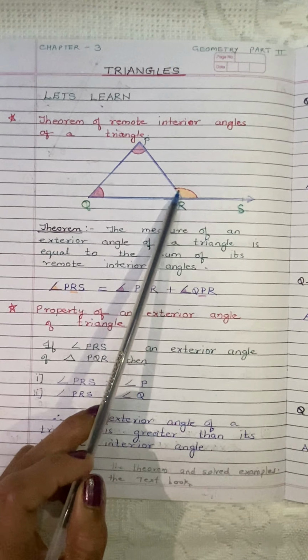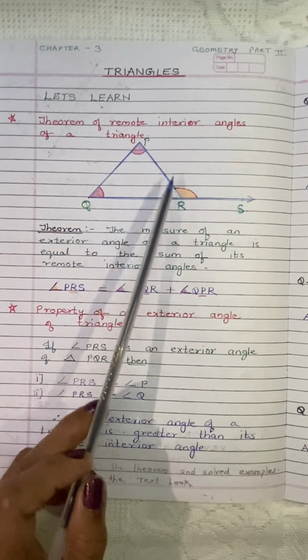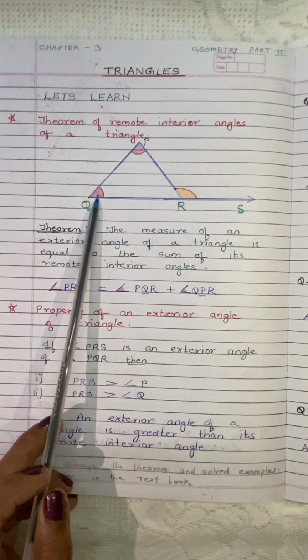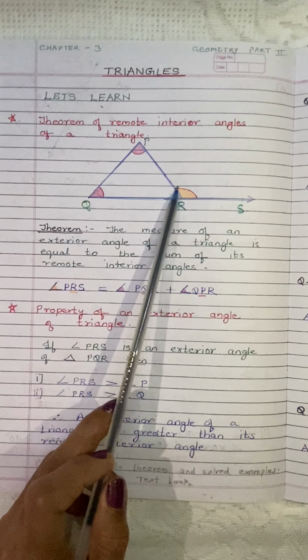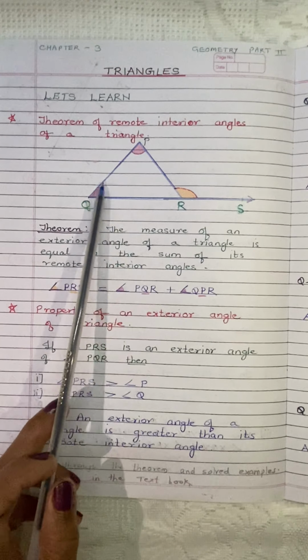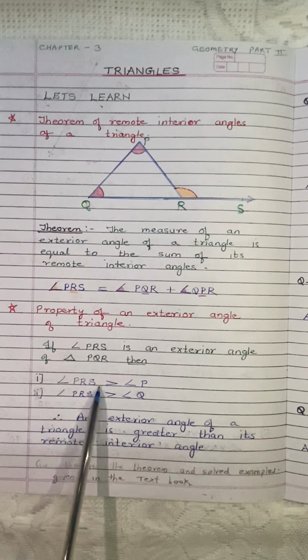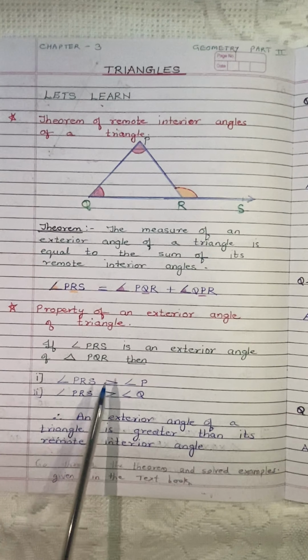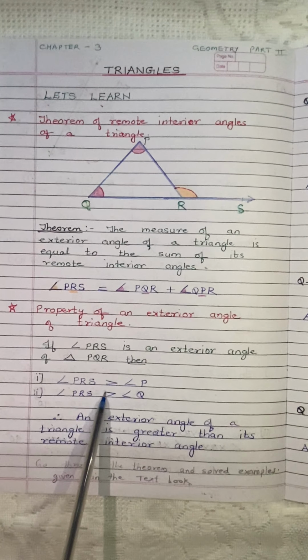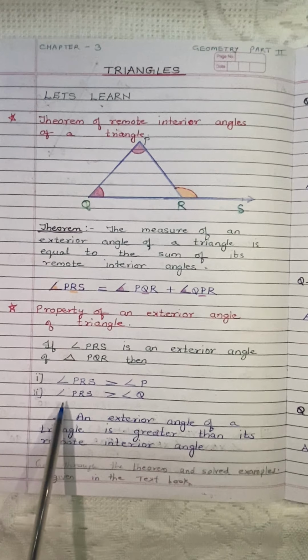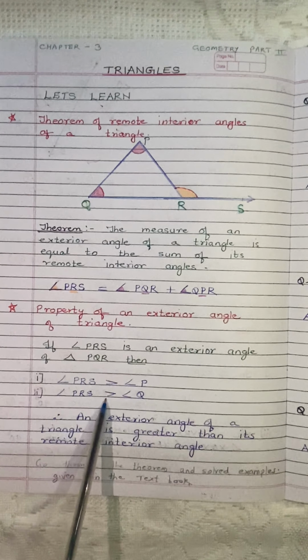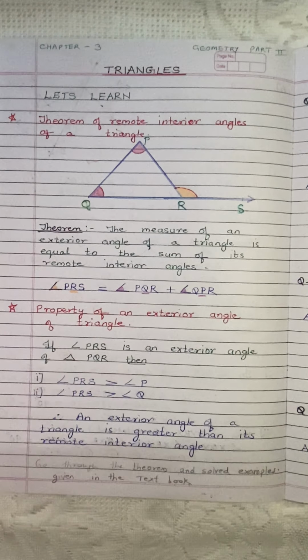So this angle is always greater than this angle, because the measure of this angle is equal to the sum of the measures of these two angles. So PRS is greater than angle P and PRS is greater than angle Q.